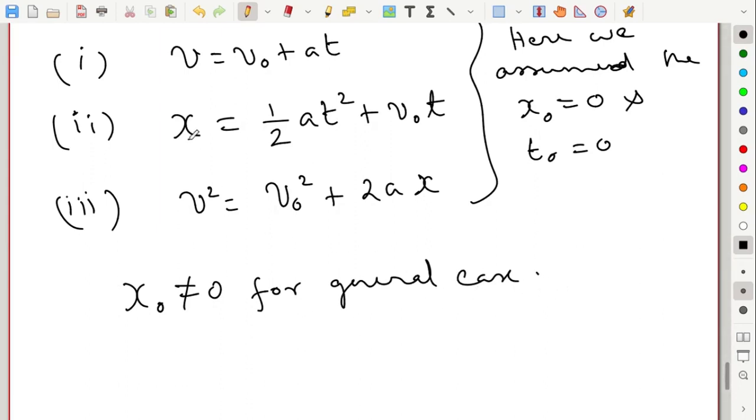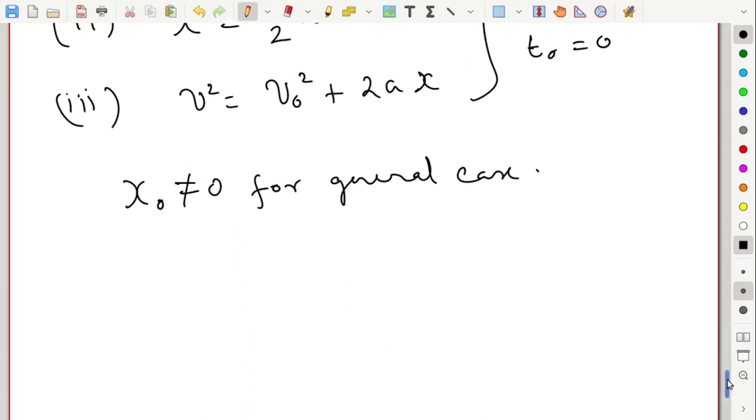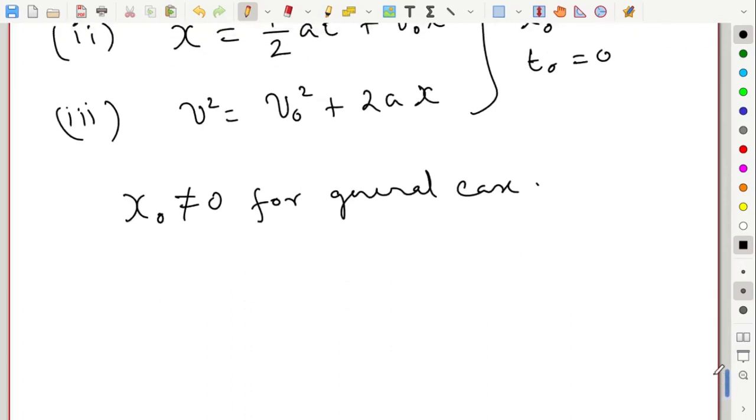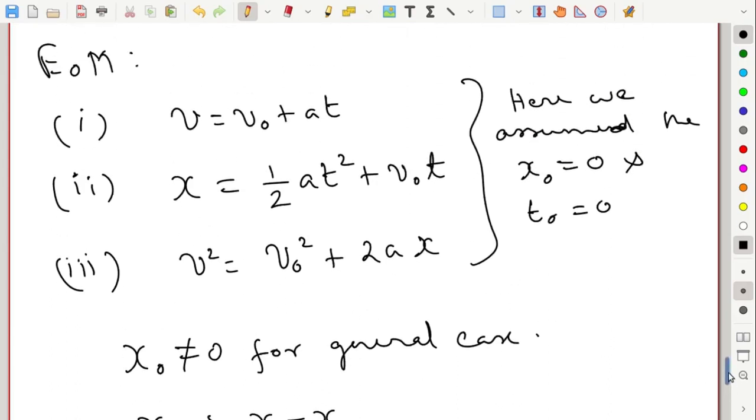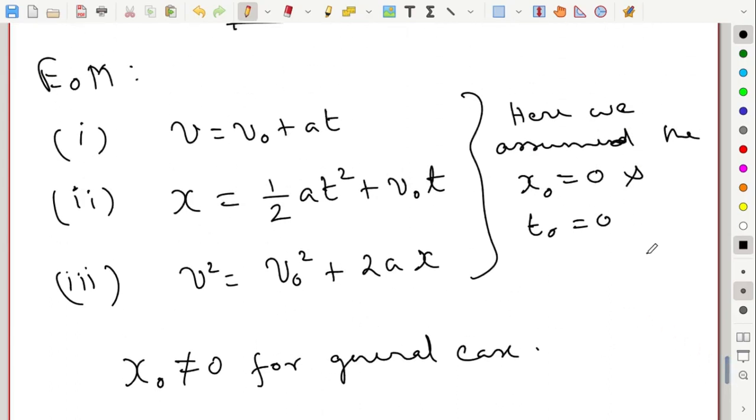Therefore we have to modify these equations so that x naught appears in them. That is very simple. Wherever x appears in the equation, we should replace it by x minus x naught. If we replace it in the above equations, we get the equations of motion for origin not equal to 0.